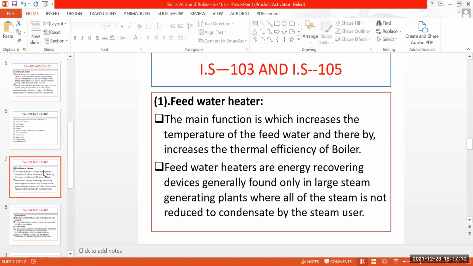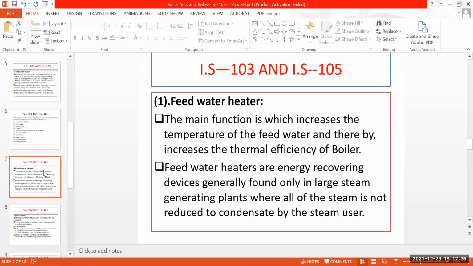Steam generating plants are most probably the power plants, the gas type power plants, where we'll be having steam turbines. And you can have some boilers as well, but the boilers will be in the thermal types of power plants.